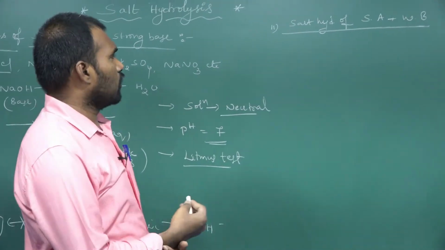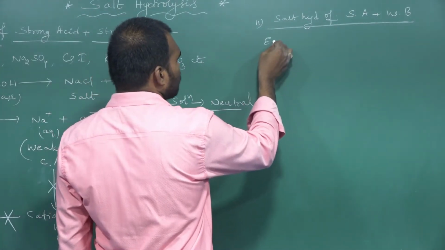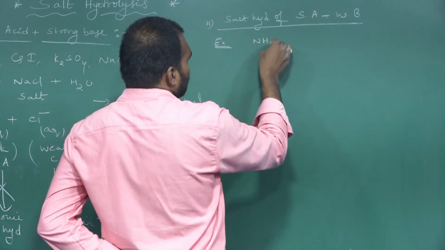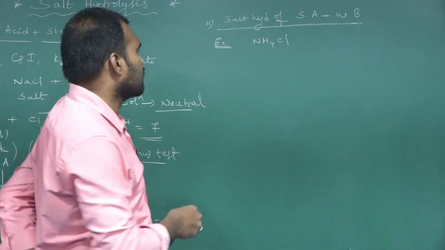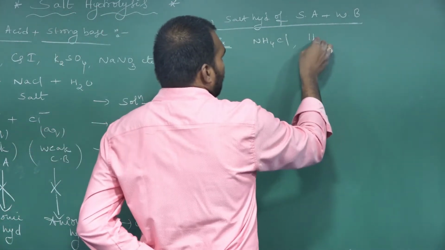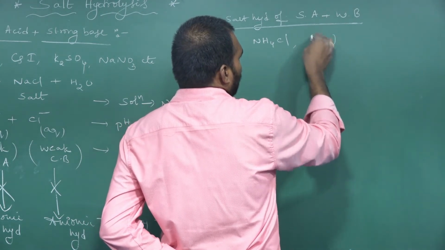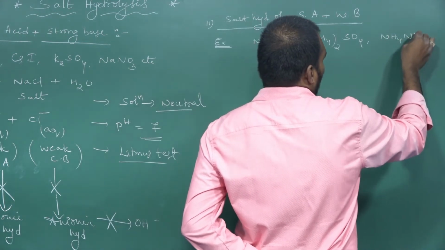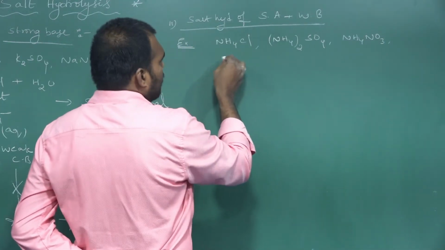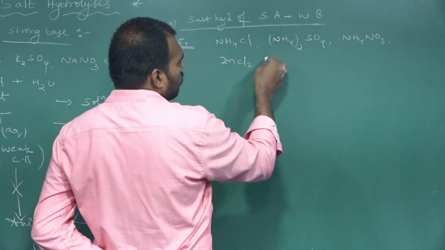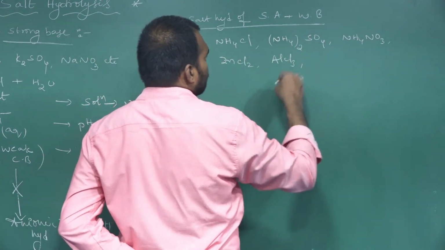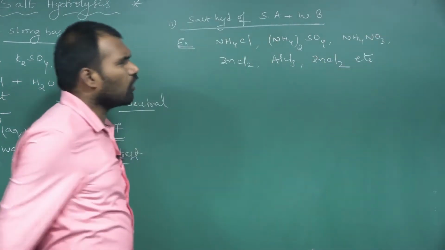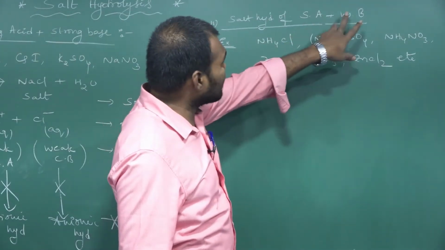Now coming to the strong acid and weak bases, examples for this kind of salts: NH4Cl, (NH4)2SO4, NH4NO3 and then ZnCl2, AlCl3, zinc chloride, etc. These all are what? The salts which are made up with a strong acid and weak base.